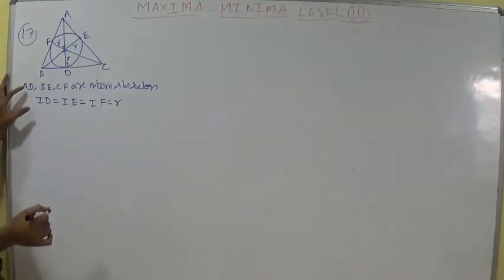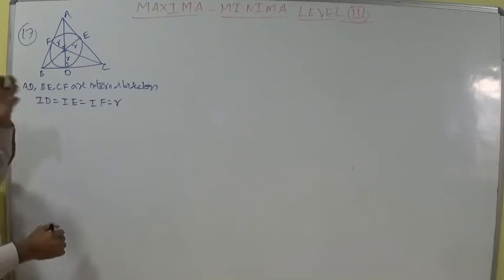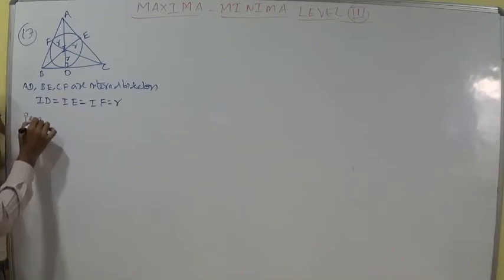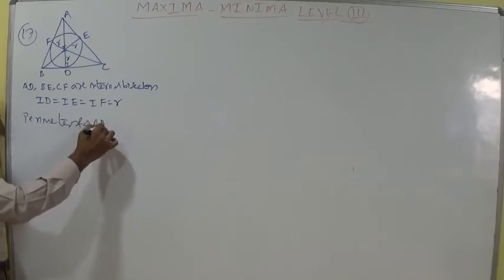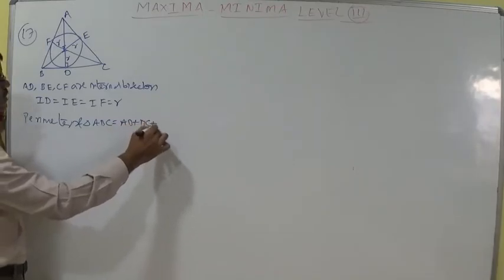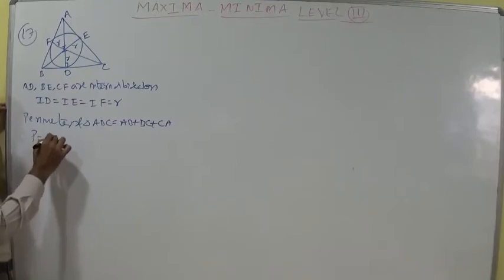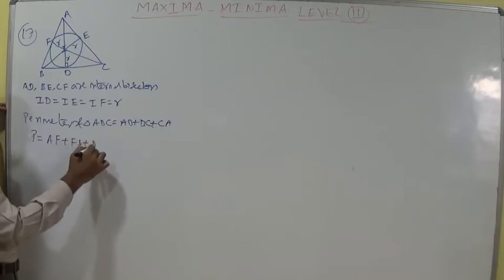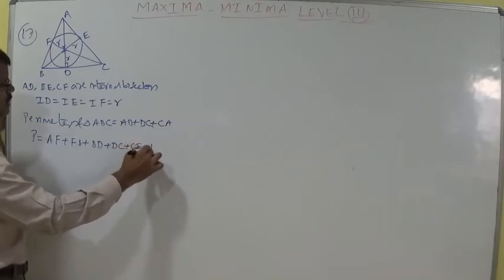Now we should calculate the perimeter he asked. Perimeter means AB plus BC plus CA. Perimeter of triangle ABC is equal to side plus side plus side, that is equal to P. AB is taken as the parts AF plus FB, BC as BD plus DC, and CA as CE plus EA.